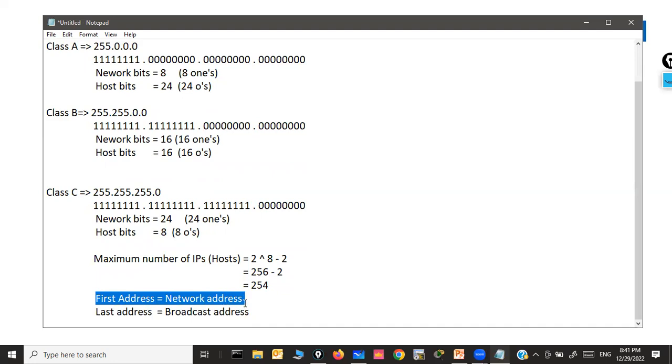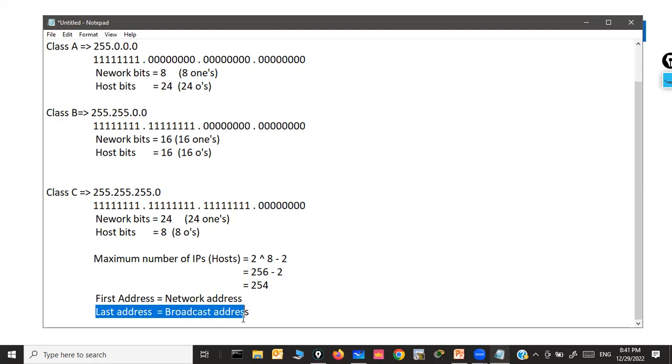We cannot assign the network address to any host device, and the last address, the broadcast address of that specific network, also cannot be assigned to any device. That is why we subtracted 2 IPs.